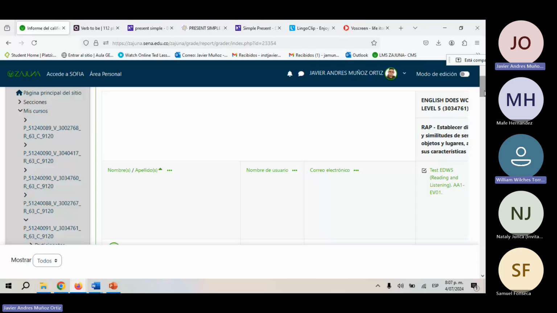If after the second try you cannot open the test, let's suppose you need 4 times, but on the third one you cannot, let me know via forums, email, WhatsApp, or the dialogue, or maybe the classes. Let me know that you cannot open the third try, and I'll make some changes in the configuration of the test, and I'll make this test available for you unlimited times.